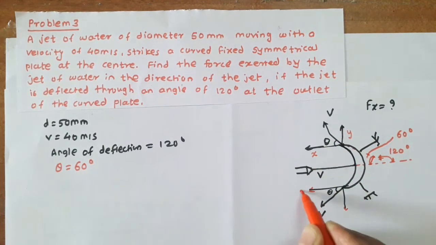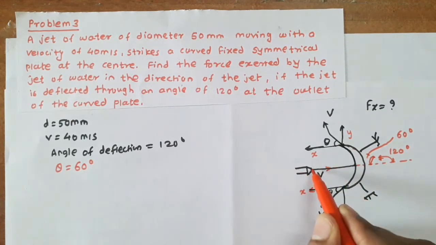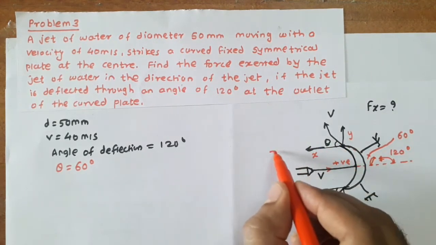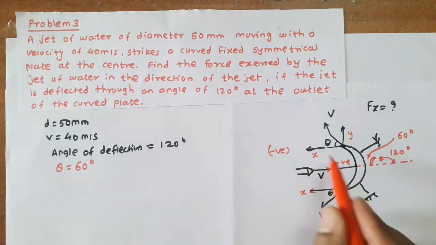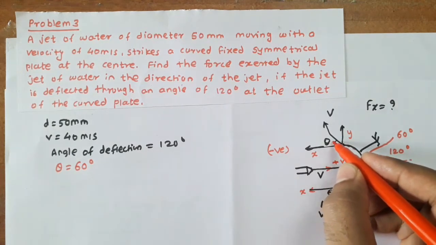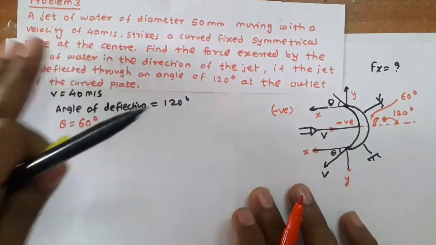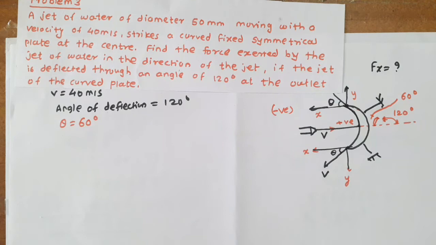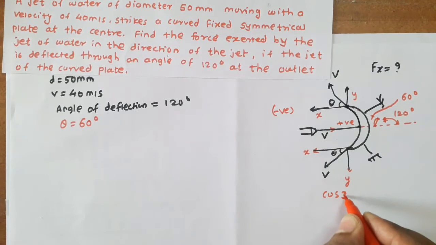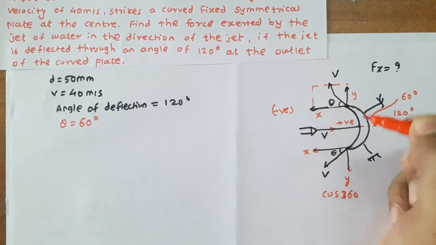Now the main important thing is you have to resolve this v velocity into x and y directions. It is the x direction, it is the y direction, but the velocity of the jet along the x direction is positive, and the exit velocity is negative. Now apply cos theta, cos 60. Consider completing this rectangle.